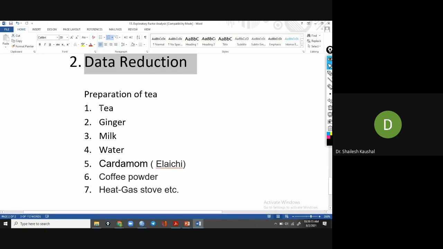Data reduction means there may be a list of a large number like 40 or 50, but what are the principal components? These are the most important components for the preparation of tea.